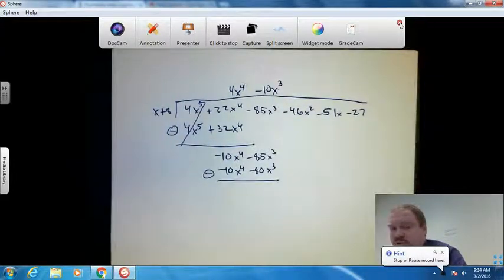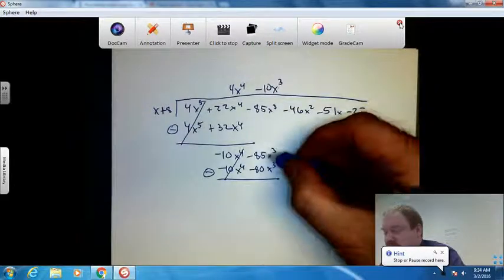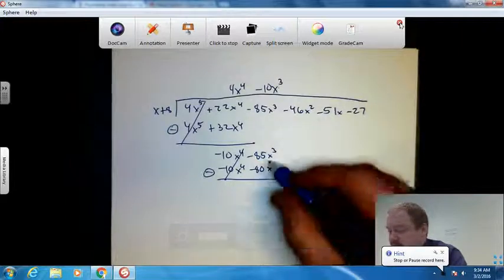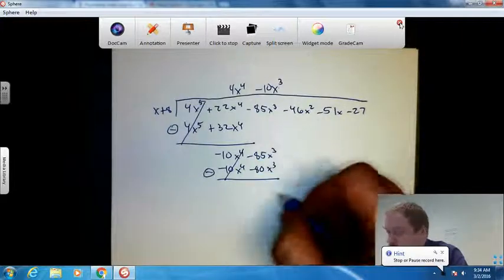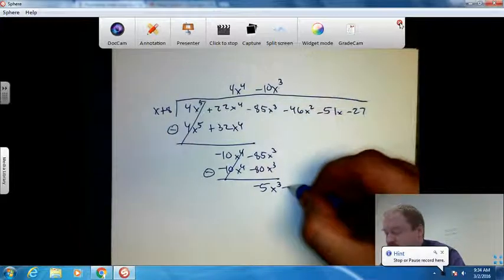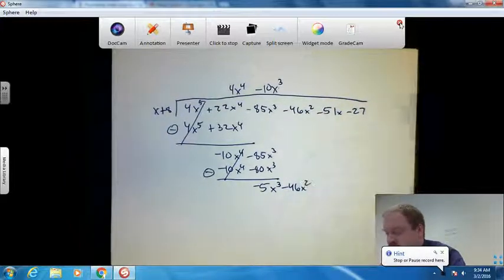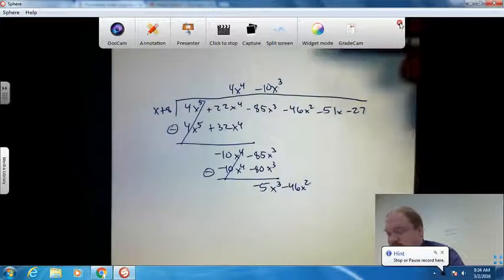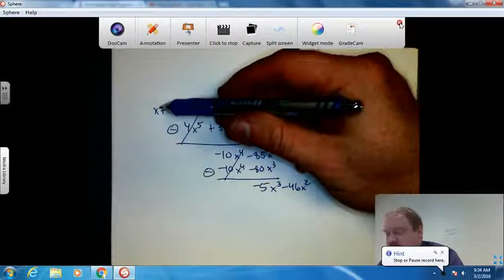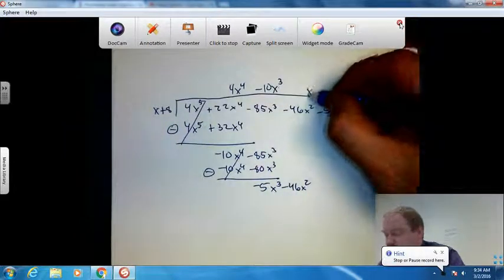Subtract straight down. These cancel. Negative 85 minus negative 80 is negative 5. Bring down the negative 46. Okay. Now, I need 3 x's. I have 1. So I need 2 more.